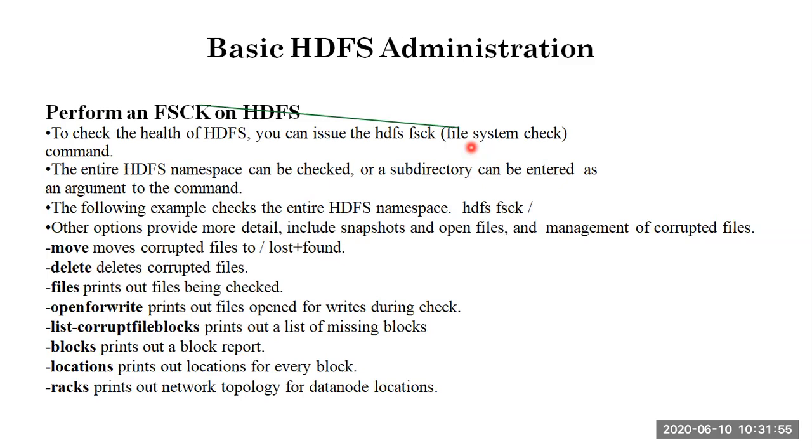And the entire HDFS namespace can be checked, or a subdirectory can be entered as an argument to the command. And we have a few other options like snapshots, open files, and management of corrupted files. And these are the other options like move, delete, files, open for write, corrupt file blocks, locations, racks.